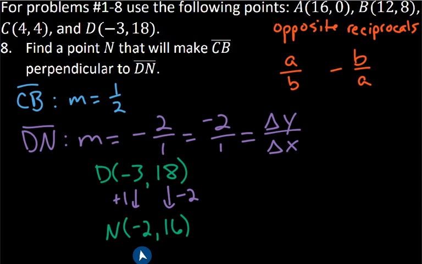So the x value could be negative 1, and subtract 2 from the y value, 14. So another answer that would work could also be negative 1, 14, or 0, 12, and so on.